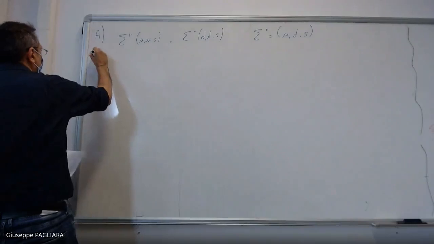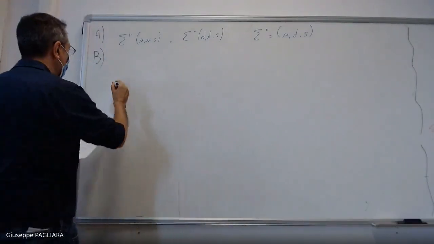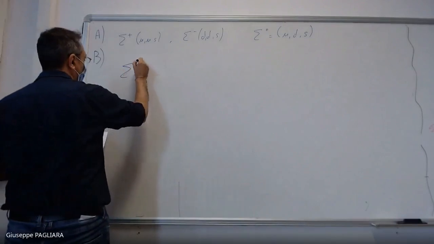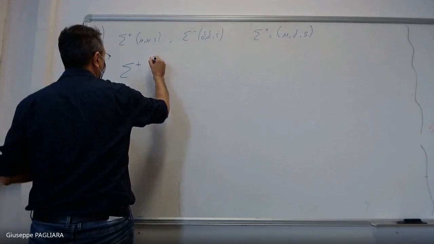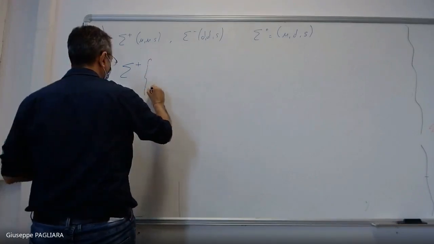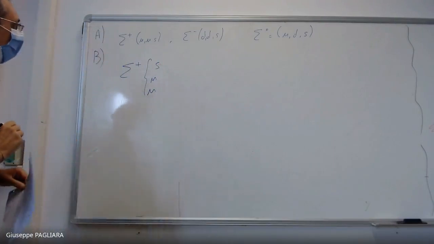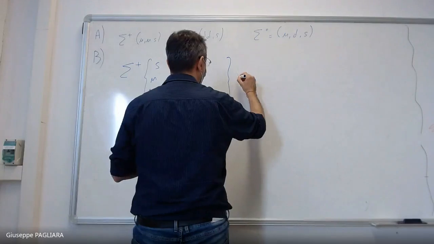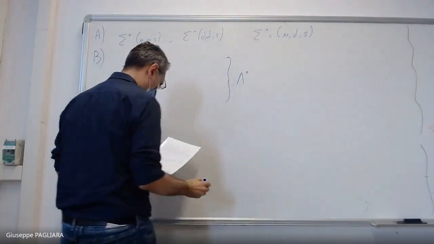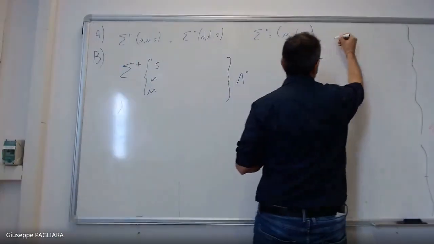So point B is to draw the two decays. So let's do it the way we've just learned for semi-leptonic decays. The sigma plus is a UUS baryon, and at the end, we must have a lambda 0 plus positron and neutrino. The lambda 0 is also a UDS.